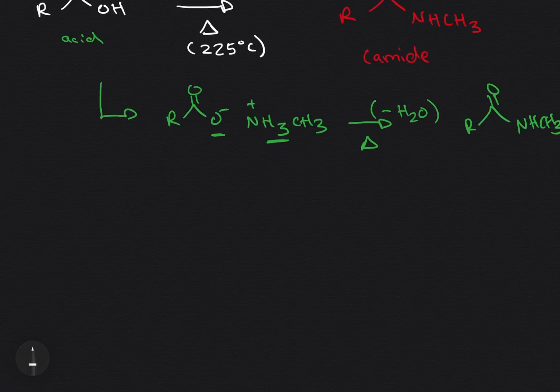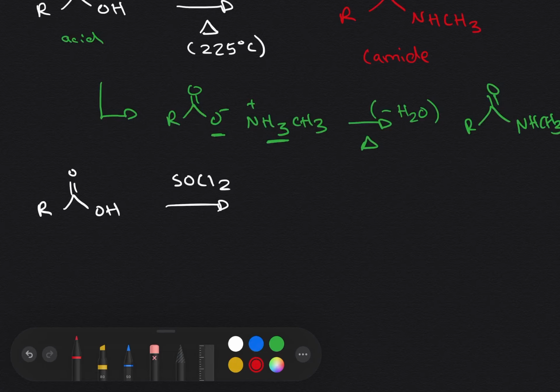So a lot of times what we do with carboxylic acids, which may just be a better reaction, more relevant with your materials in the lab or whatever, is we convert it to an acyl halide. We do that using SOCl2 there.